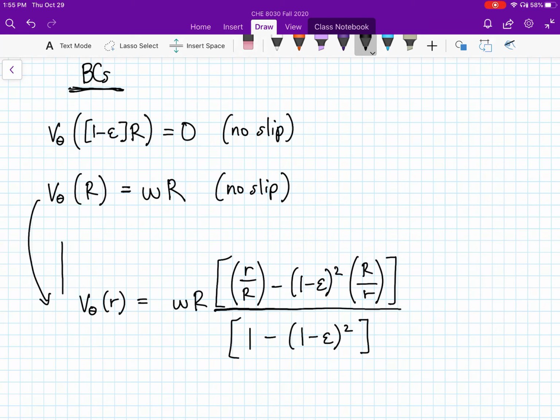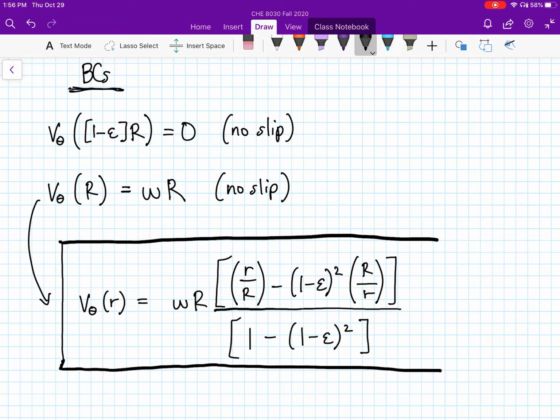Okay, and if I've done my math correctly, I should end up with the following expression for the velocity profile for the fluid inside that annulus.